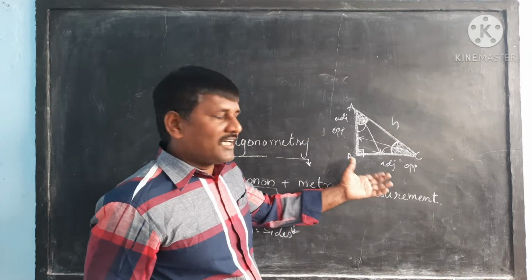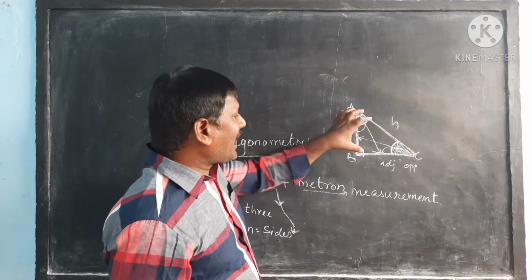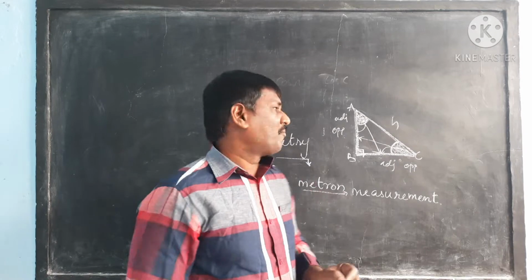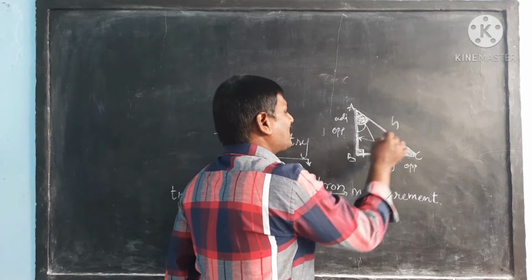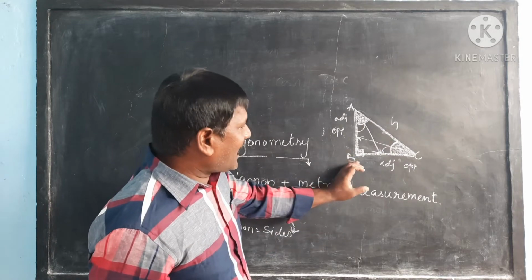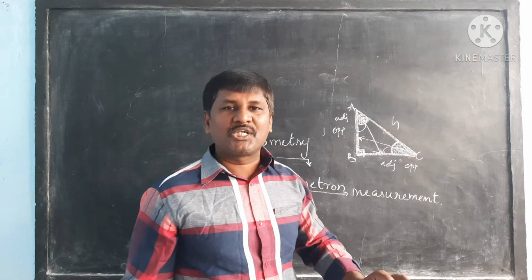So you can understand that opposite and adjacent sides change according to the referring angle. But AC is fixed, because the side opposite to the right angle is the hypotenuse, completely fixed, no change.